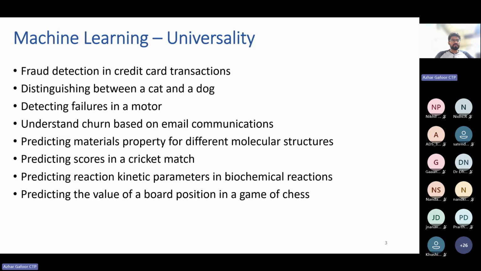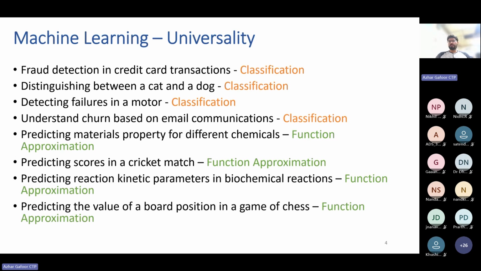When we come to the next four problems, like predicting the material property for different molecular structures or predicting scores of a cricket match, those can have a lot of answers. Like predicting the reaction kinetic parameters or predicting the value of a board position in a game of chess. All those will have a number of answers.